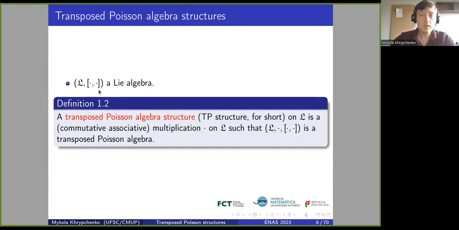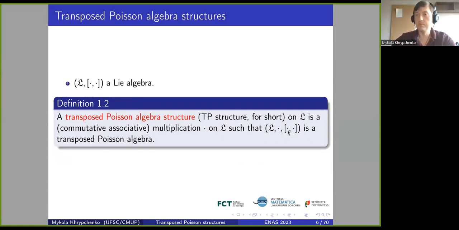So given a Lie algebra, I call a transposed Poisson algebra structure on this Lie algebra a commutative associative multiplication on the same vector space, which makes this triple a transposed Poisson algebra. So if you have a fixed Lie algebra, you can ask what are the transposed Poisson structures on this Lie algebra.